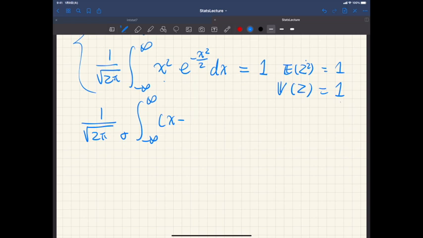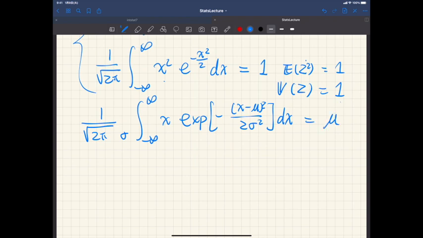Maybe I should just calculate the expectation value. So this one, 2 sigma squared. If you calculate this, you can see that this is actually equal to mu.